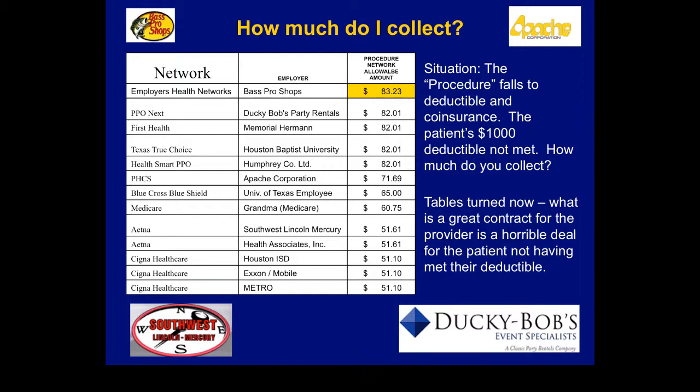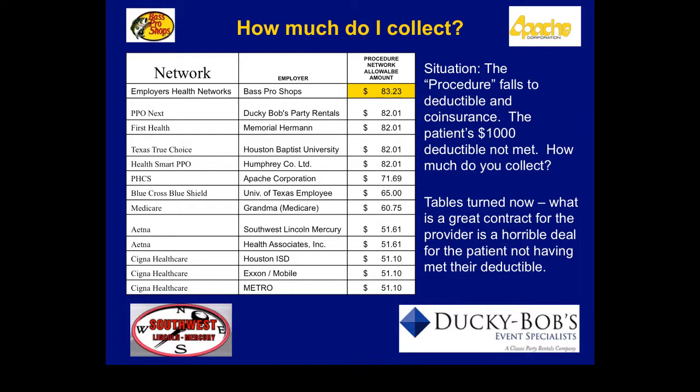Because you apply to your deductibles or you calculate your coinsurances off of the allowed amount. So when you're a doctor, I only want to see the Bass Pro Shops and the Ducky Bobs because that's where I get paid the most. But at the same time, if it falls to a patient's in-network deductible, think about high network deductible plans, 100% of that bill is the patient's responsibility. Well, I'm not walking away from $83.23.